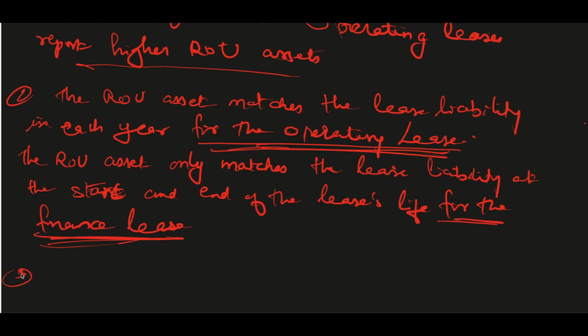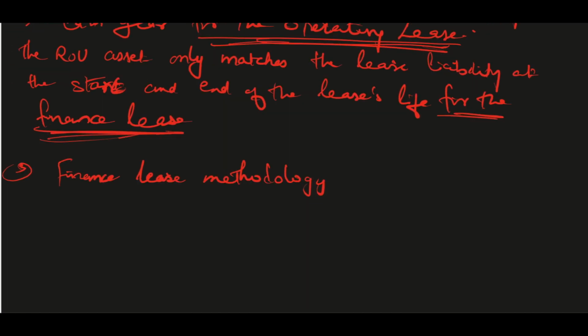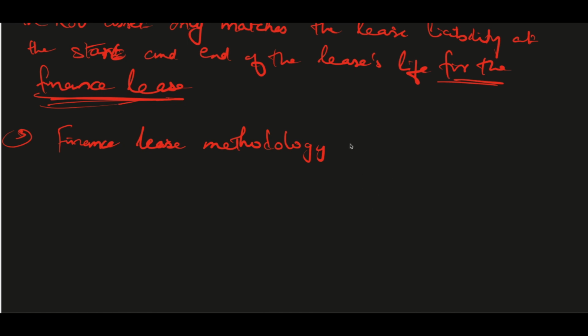Then the third one: finance lease methodology reports both interest and amortization expenses in the income statement.